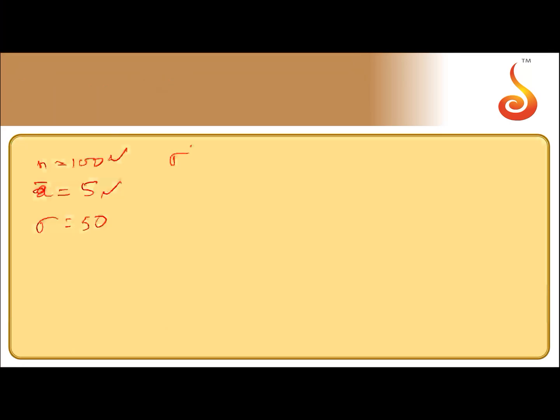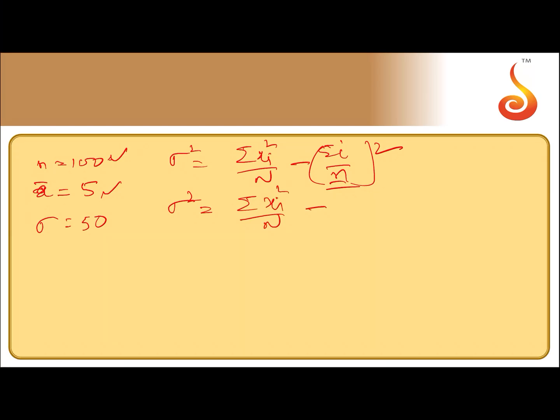We know sigma square is nothing but sigma xi square by n minus (sigma xi by n) whole square, and sigma xi by n is the mean. So sigma square equals sigma xi square by n minus x bar square.